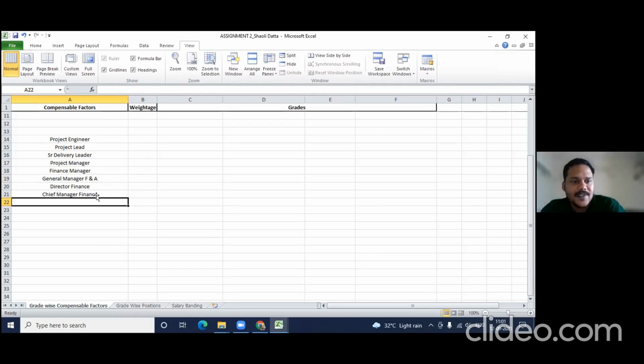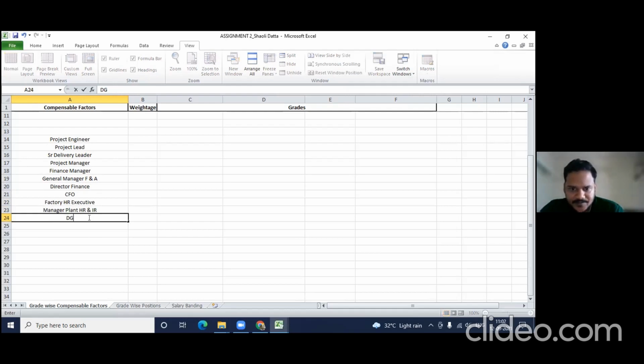That should be fine. Factory HR executive. Manager plant HR and IR. DGM, GM plant HR. That's it for HR. And manager IT infrastructure, senior manager IT infrastructure.